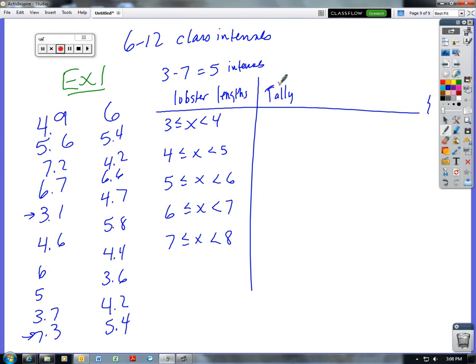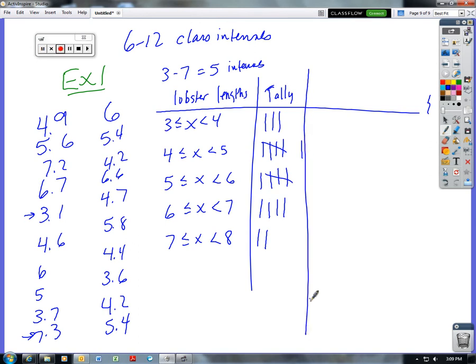You can pause the tape and do it on your own if you want. 4.9, 5.6, 7.2, 6.7, 3.1, 4.6, 6 is going to go down here, 5 is going to go here, 3.7, 7.3, 6, well there's lots of 6s, 5.4, 4.2, 6.6, 4.7, 5.8, 4.4, 3.6, 4.2, and 5.4.